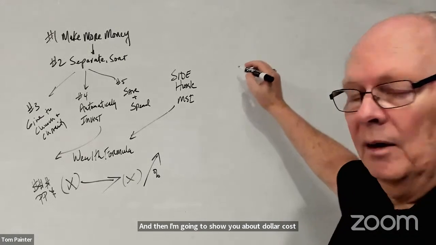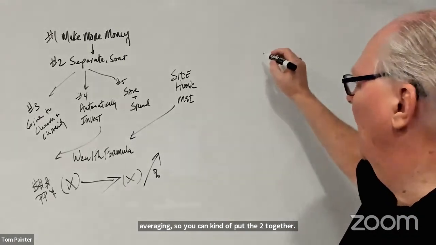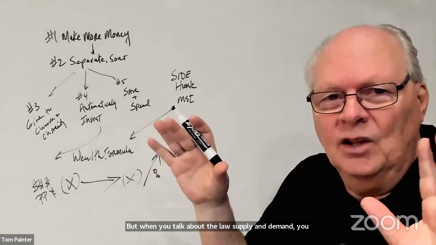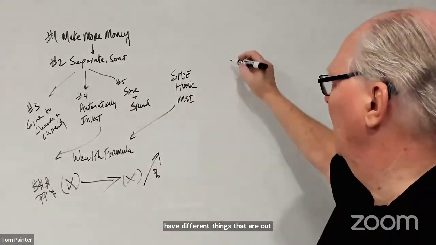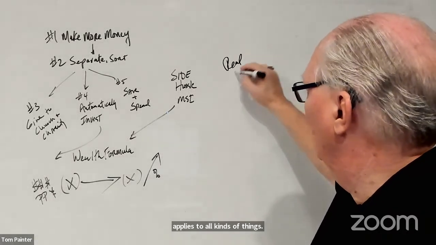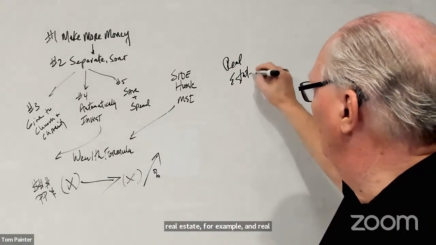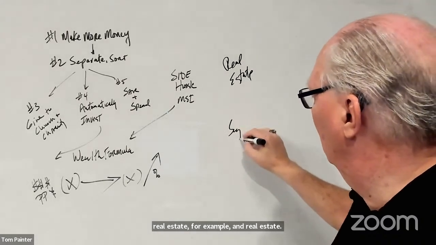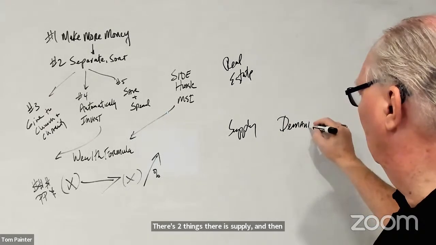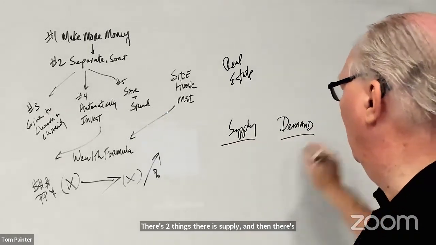When you talk about the law of supply and demand, it applies to all kinds of things, but right now we're going to use real estate, for example. In real estate, there are two things: there is supply, and then there's demand.